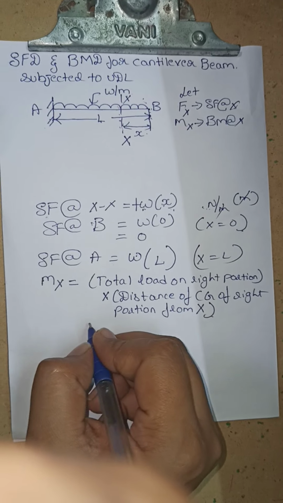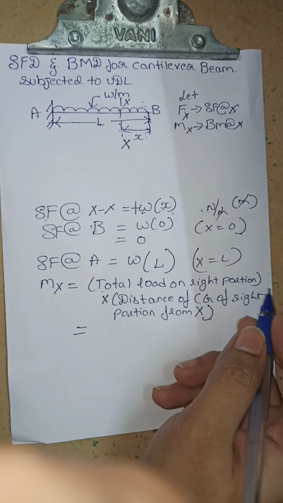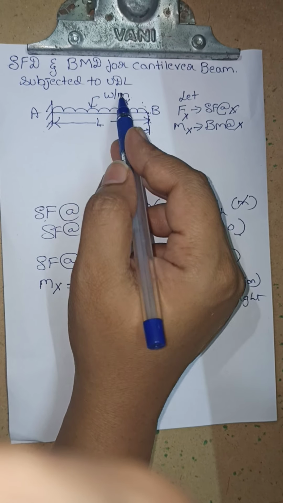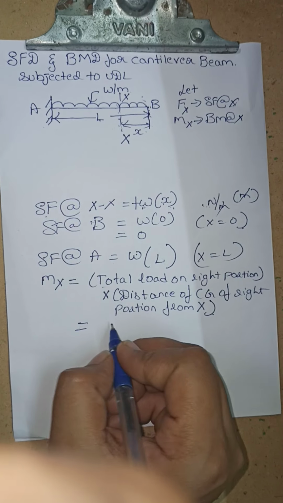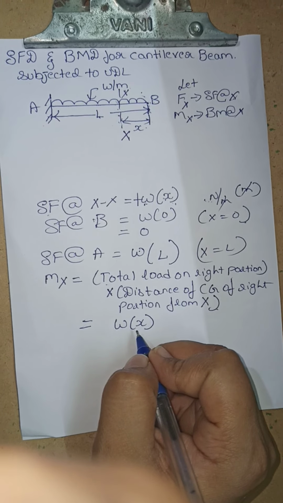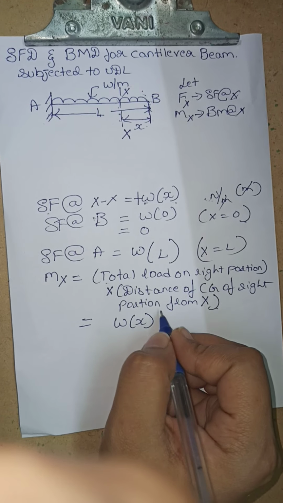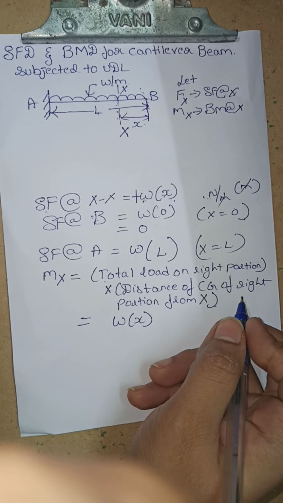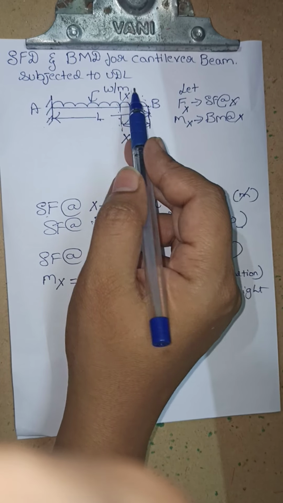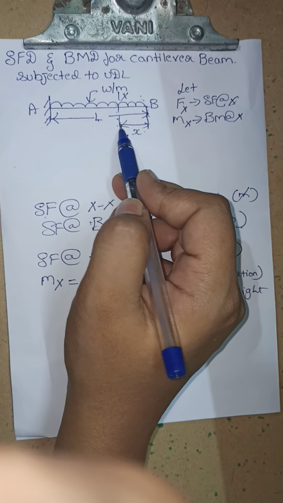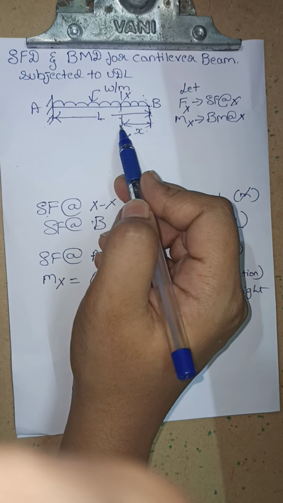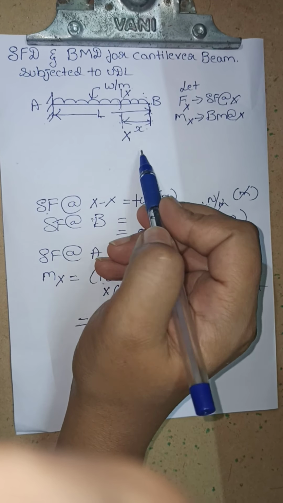So here the total load on the right hand side portion, from XX to B, is nothing but W into x. That is the point load. And the distance of the CG from the right hand side portion: since it is a uniformly distributed load, the CG will always be exactly at half the distance.